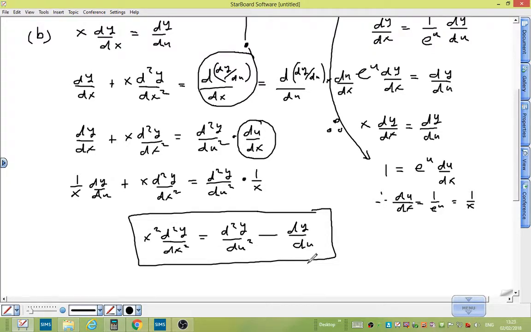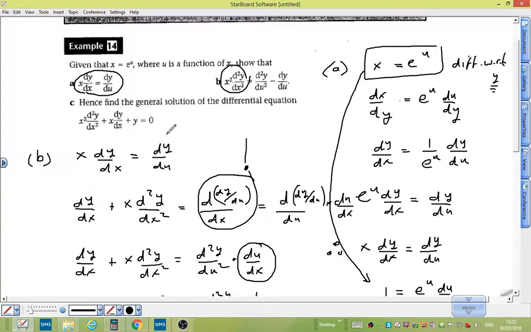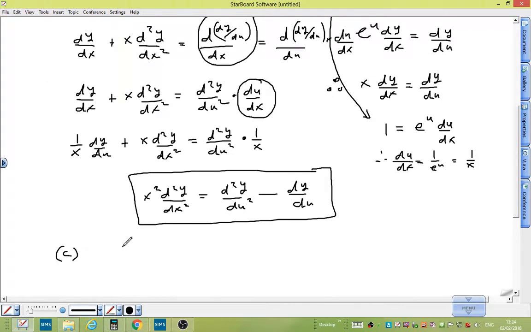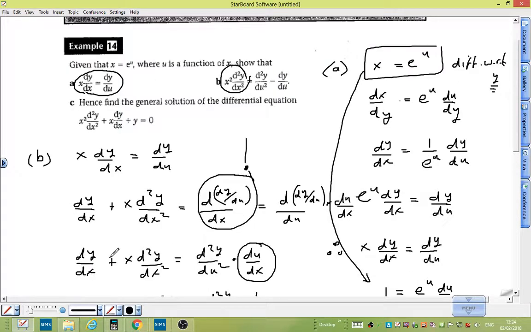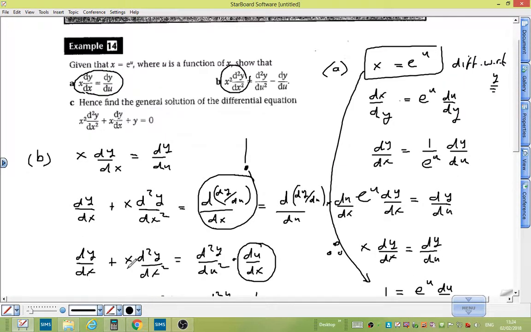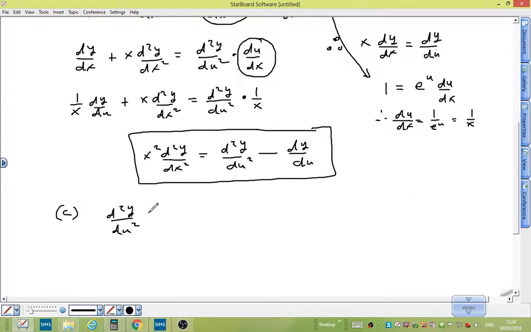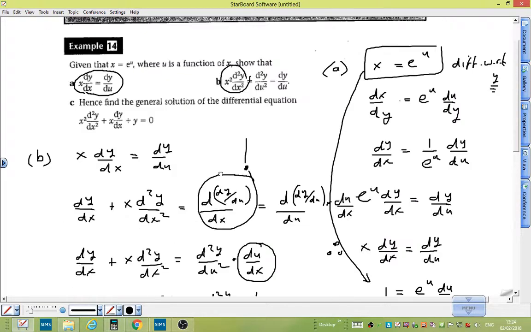Okay, right, then it moves on to part C, which says hence find the general solution of the general equation, this. So x squared d2y by dx squared can now be replaced with that. So I've now got d2y by du squared minus dy by du, and plus x dy by dx.